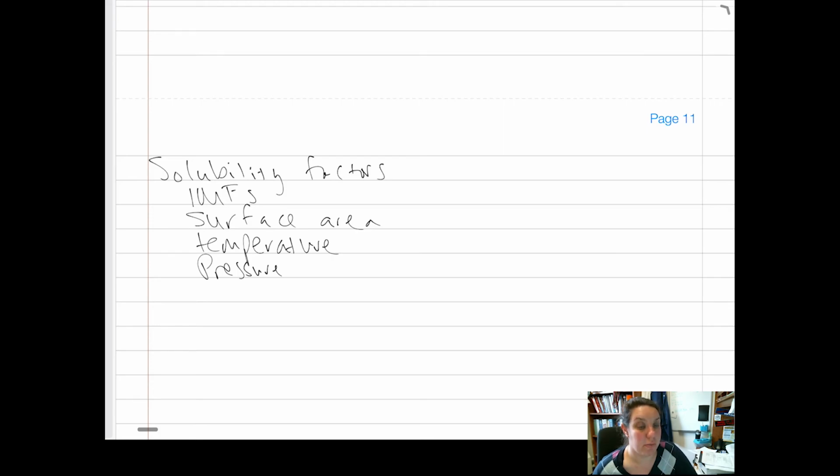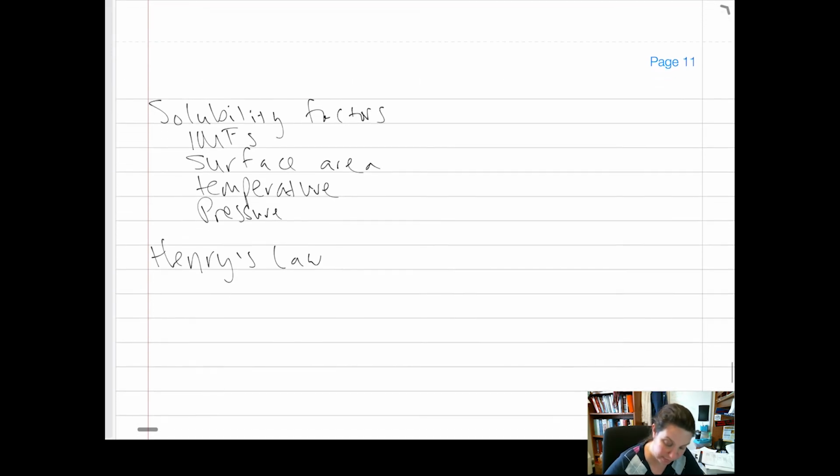For our pressure versus solubility, we think about Henry's law. So greater pressure over a solution, greater gas solubility. So solubility is equal to our Henry's law constant times pressure, and this is going to be partial pressure of gas.